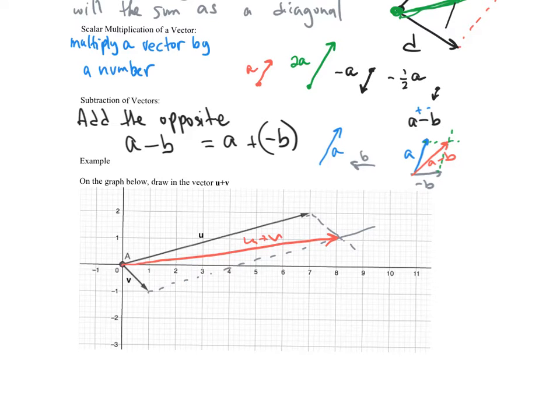Now, once you have the vector sum, you can do lots of things. You can find the magnitude, you can find the direction of that vector, anything else you want. Now, this is obviously a very geometric way to go with these vectors. An algebraic vector addition is sometimes a little easier way to go if you have the vector in component form.